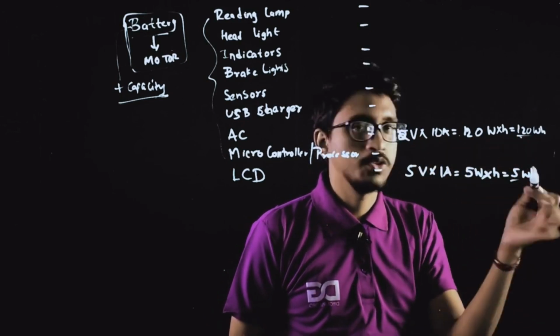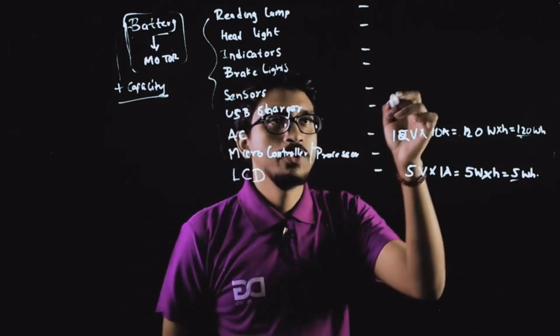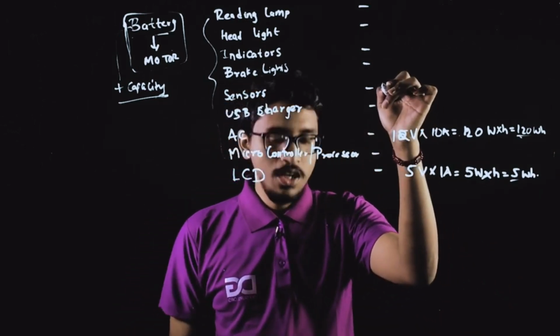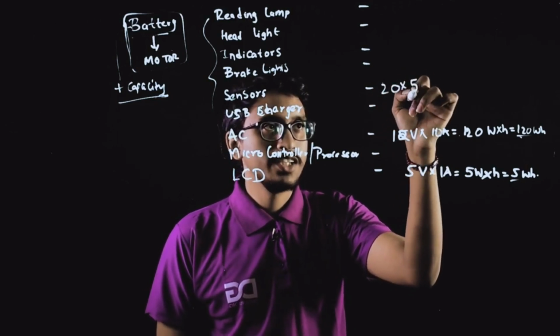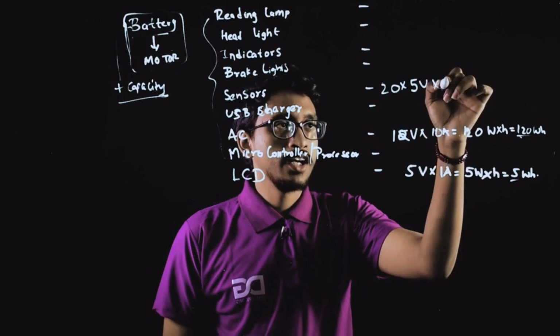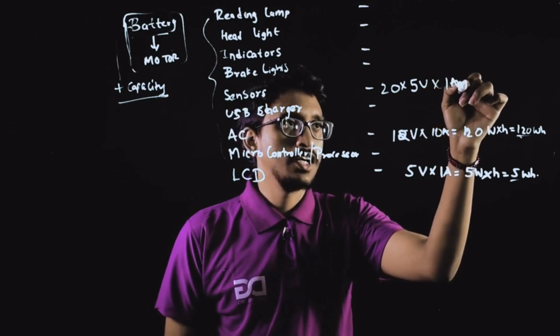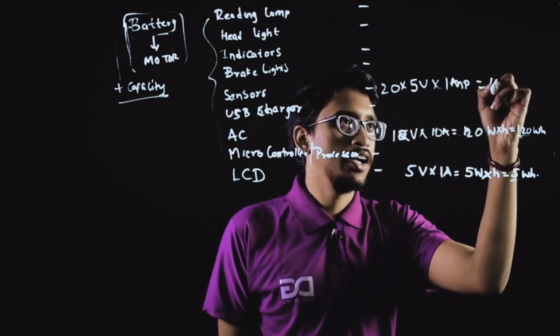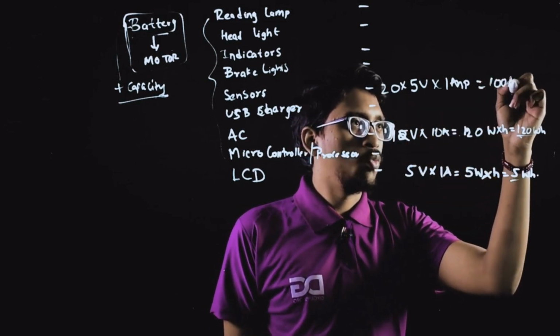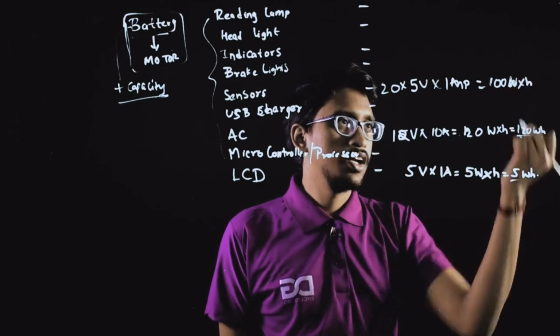In the same way, for sensors, let us suppose there are 20 sensors in a car which work on 5 volts and consume 1 ampere of current each. So how much is it? It is 100 watts, times an hour, 100 watt hour.